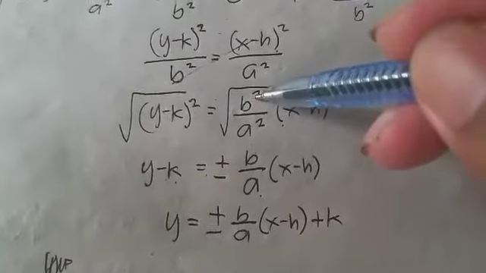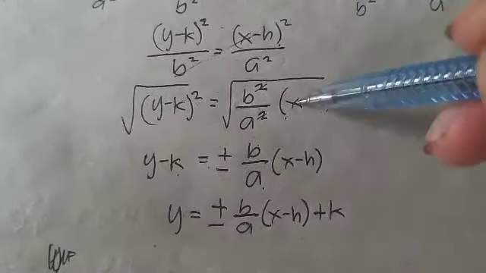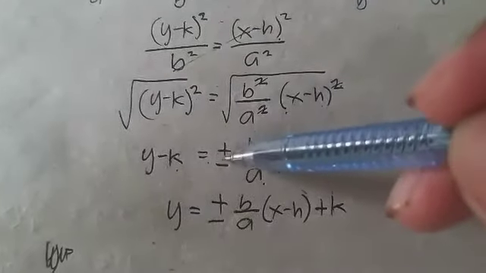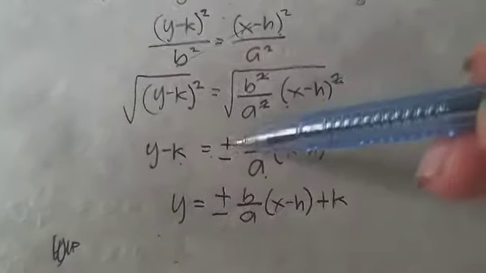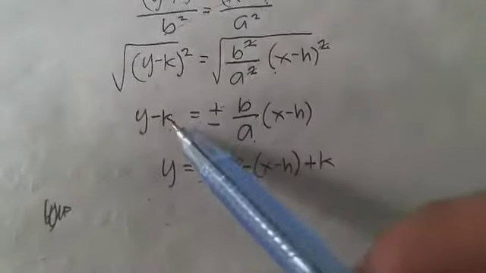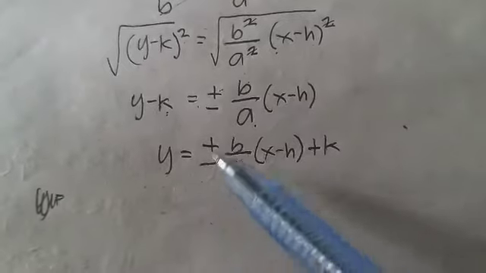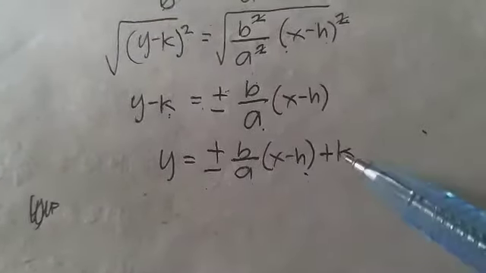Square root man so matanggal si squared, matanggal si squared, matanggal si squared, ang mabilin b over a and x minus h. And again, nganong positive negative man siya tungod kay square root man, duha magid ng possible value ana. Mao nga always gud ta positive negative. Now we solve for y, so transpose k. Transpose sa pikas. So we have y equal to positive negative b over a times x minus h plus k.